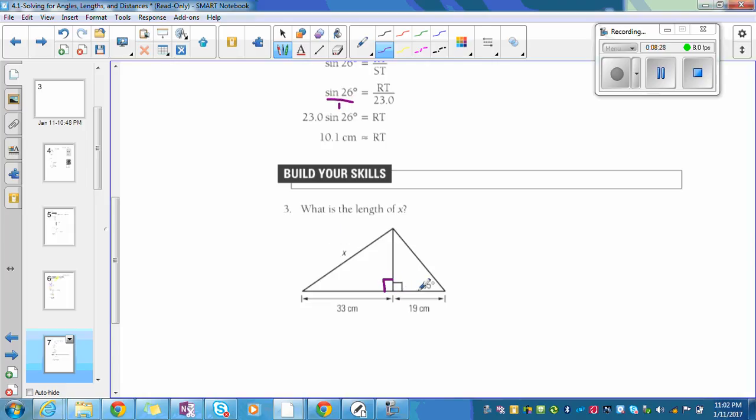I'm going to guess you're going to have to use this triangle to solve for the length in here, like the height. Then we'd have two side lengths, and we could solve for that third side length. But go ahead and try these, build your skills, and then join me back for some more of 4.1.